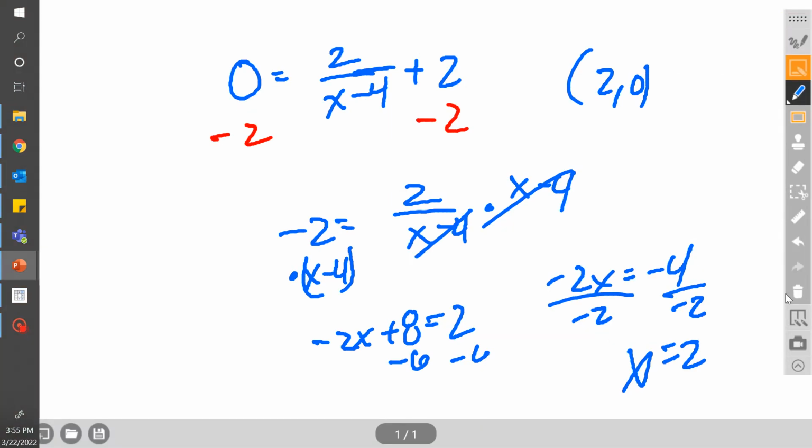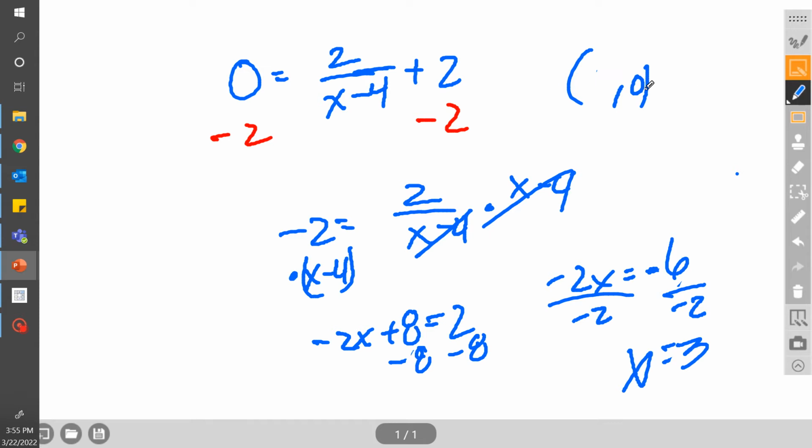Or wait a minute, I think I made a mistake. I subtracted 6. I'm supposed to subtract 8. So minus 8 gives me negative 6. Dividing negative 6 by negative 2 gives me 3.